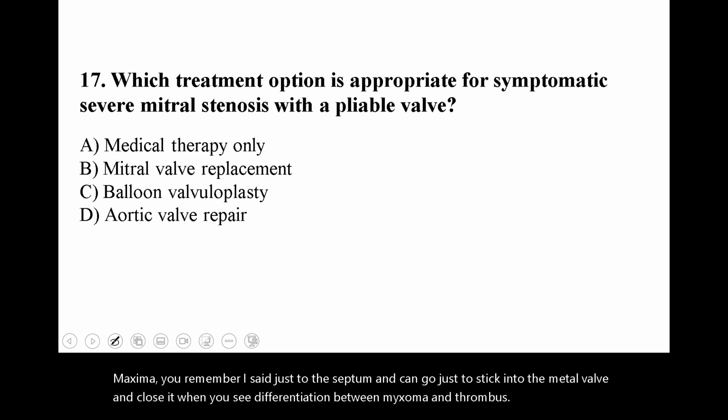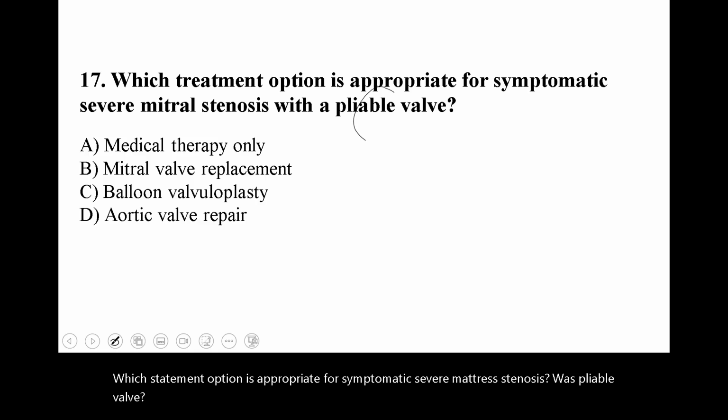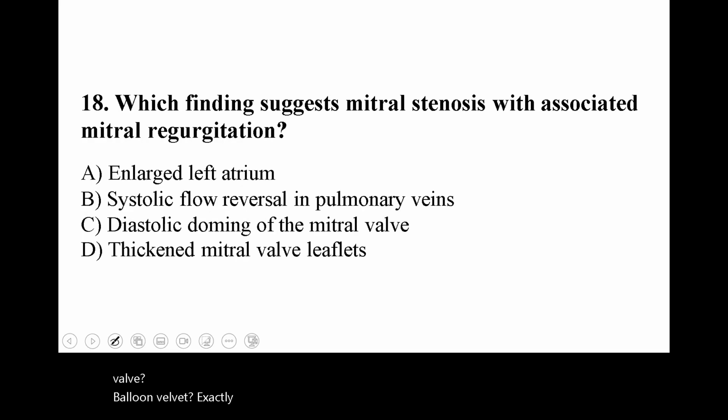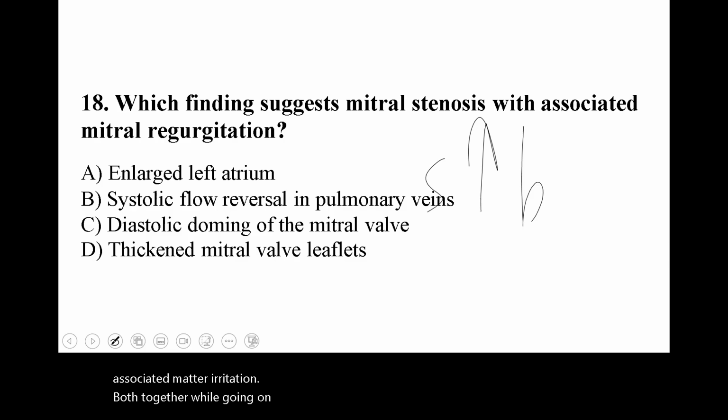Which treatment option is appropriate for symptomatic severe mitral stenosis with a pliable valve? Balloon valvuloplasty, exactly, because it is still soft, yes. Which findings suggest mitral stenosis with associated mitral regurgitation? Both together, one going, one back, stenosis and regurgitation.